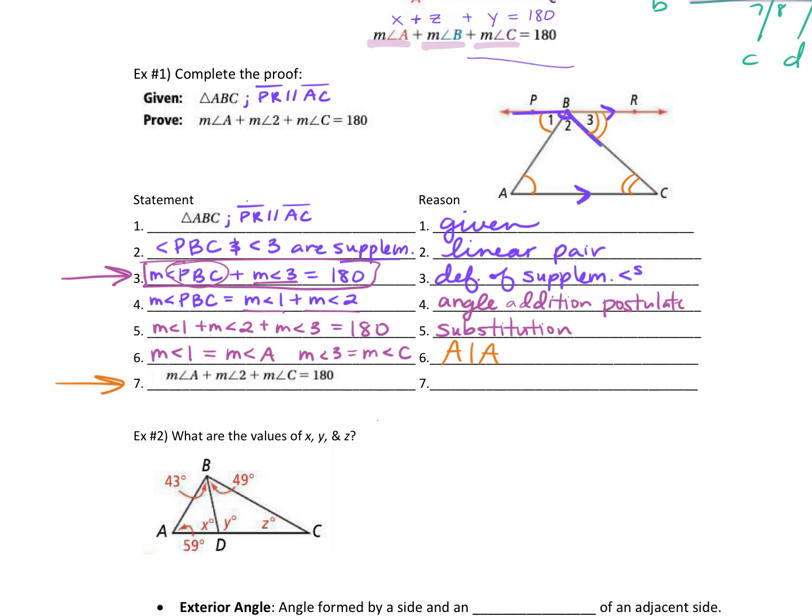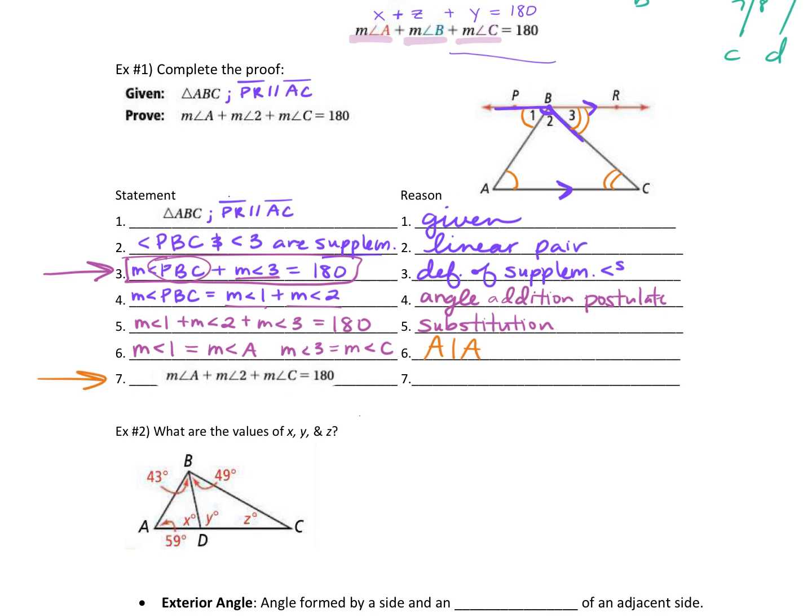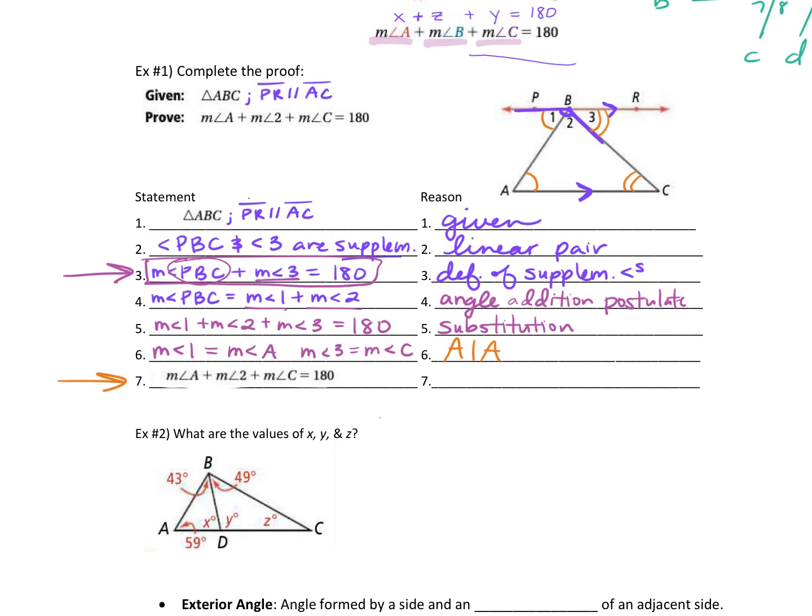Transitive-ish. Transitive is not the best one because you have to do it a couple times. Basically what's happening is I'm putting A in place of my 1, and I'm putting C in place of my 3. I'm substituting, right? I'm substituting what I know is equal to that thing.